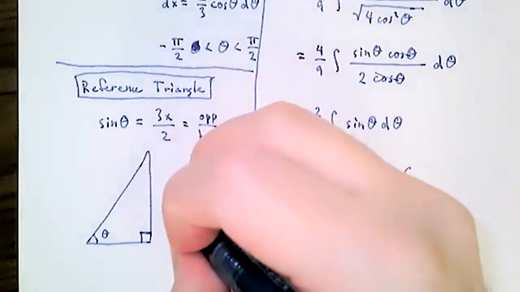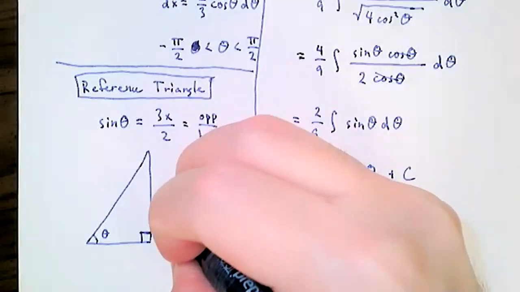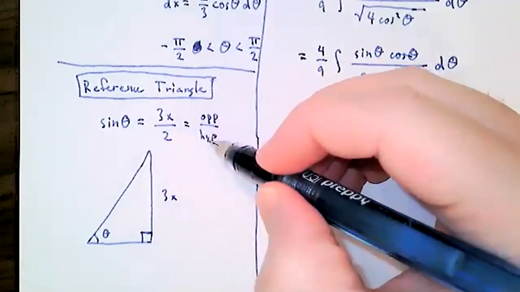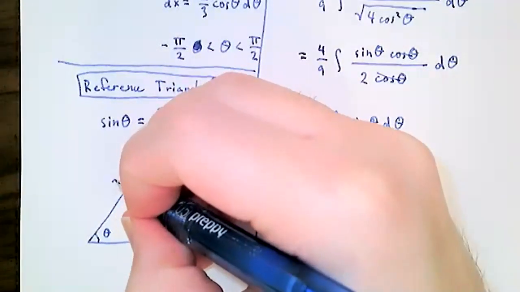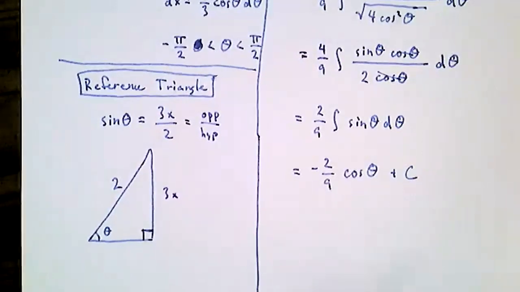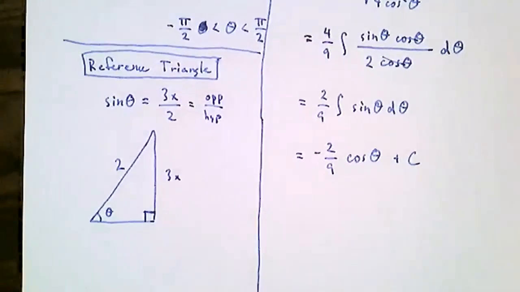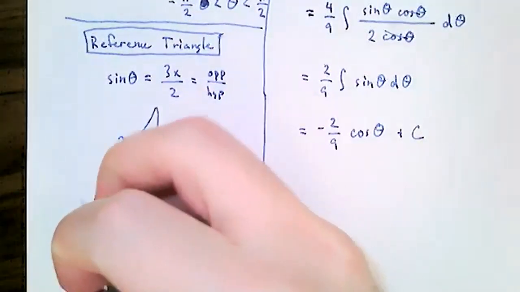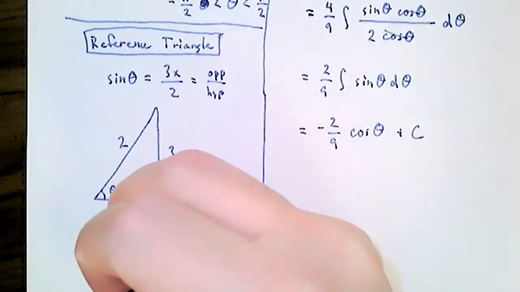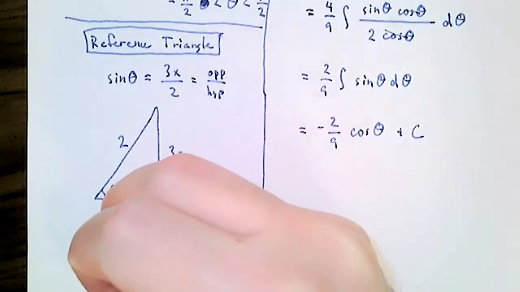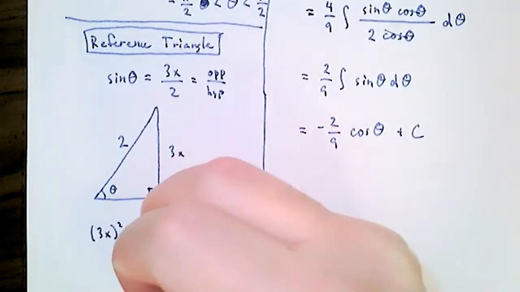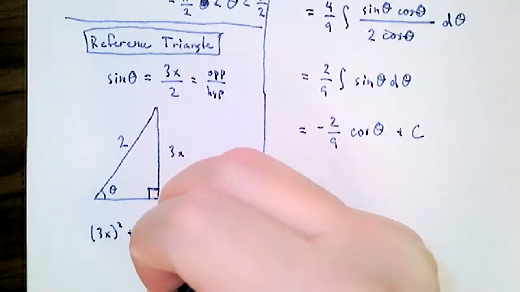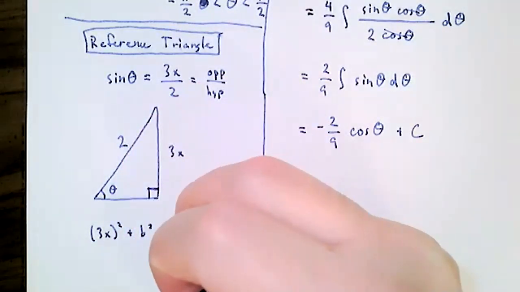So the numerator becomes the opposite. The denominator becomes the hypotenuse. And then we can solve for the missing side using the Pythagorean theorem. In this case, maybe we're solving for b instead of c. So 3x squared plus b squared equals the hypotenuse squared.